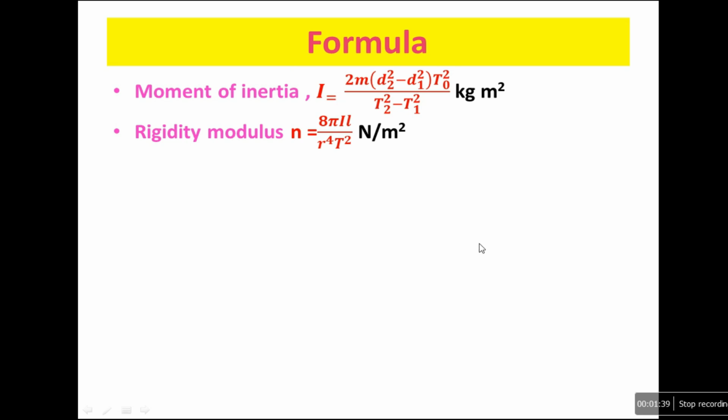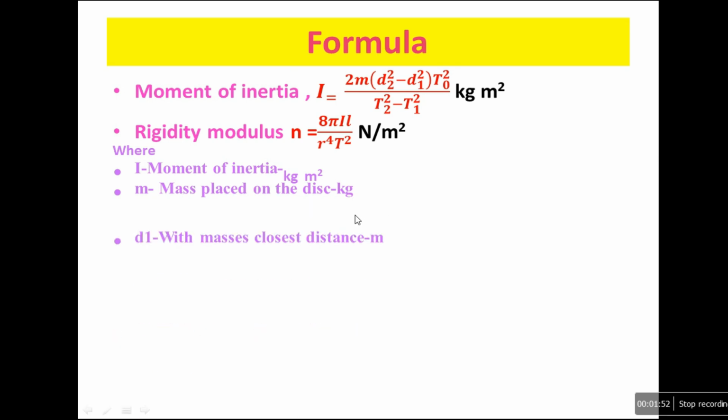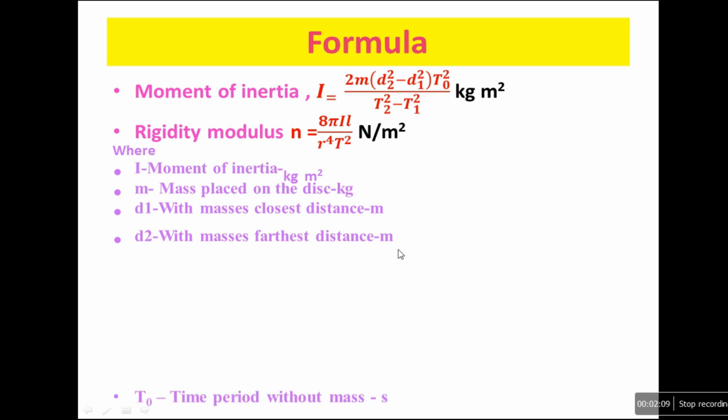We should know all the terms involved in it, where I is the moment of inertia of the disc, m is the mass, two masses we should place on the disc, and d1 is the distance we are going to measure, that is, we place the masses very near to the screw and measure the distance, let it be d1. Similarly d2, the two masses are placed at the farthest distance, again we measure the distance, let it be d2.